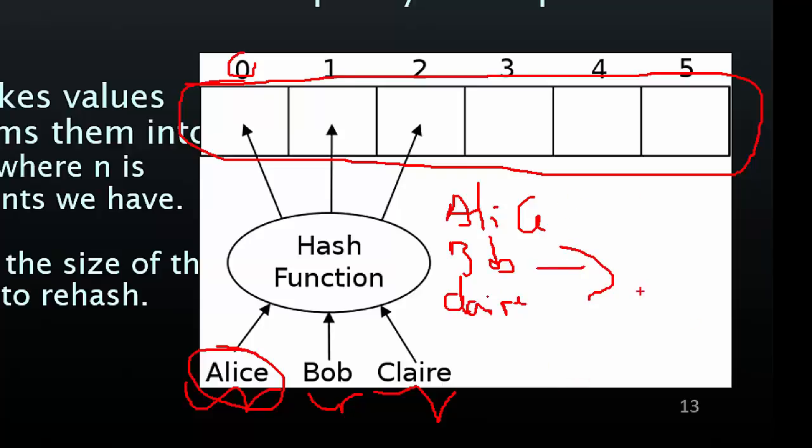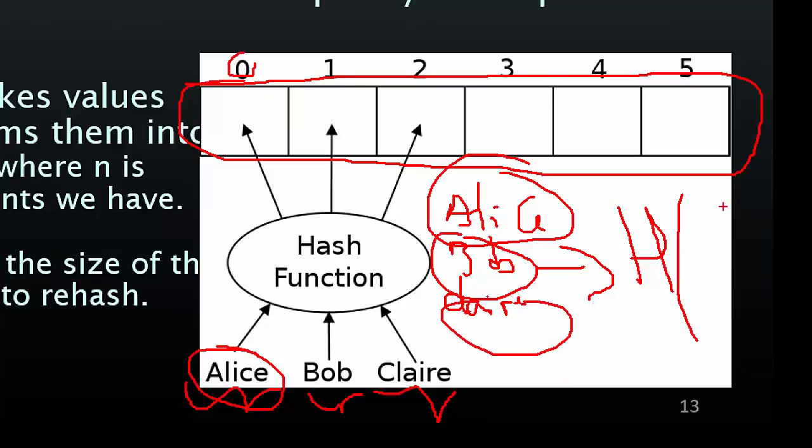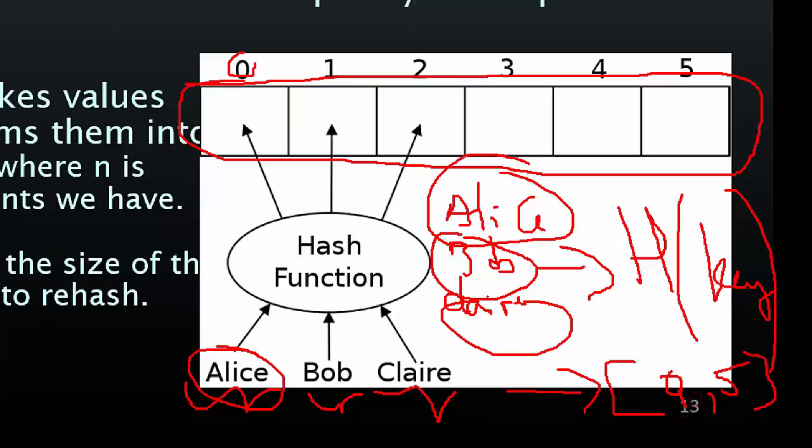What we do is say h for the hashing function, h of key. And what we will get is a number between 0 and 5. Is that clear? This is true for any key.